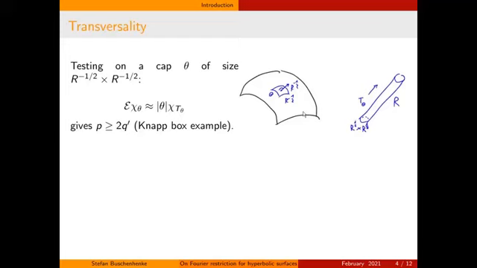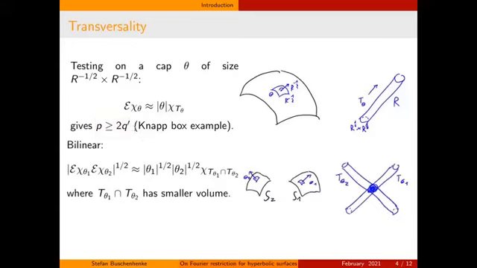If you test your extension operator on the characteristic function of a cap theta, which has side length r^(-1/2), then the extension operator of chi theta basically, up to Schwartz tails, lives in a tube which has length r, and the direction is the normal to the surface on theta. This constitutes the so-called Knapp example, which exactly gives the necessary condition that P has to be bigger than or equal to 2Q prime.